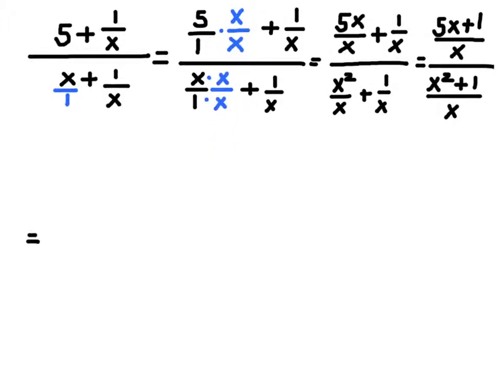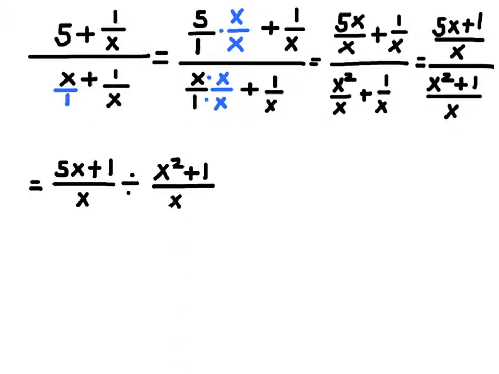Okay, so we end up with 5x plus 1 over x, divided by x squared plus 1 over x. And if you want, you can put parentheses around these binomials.